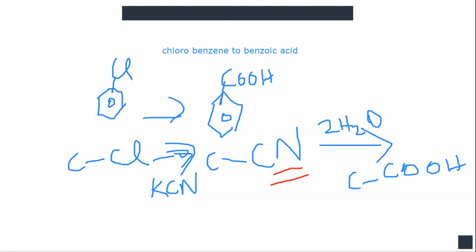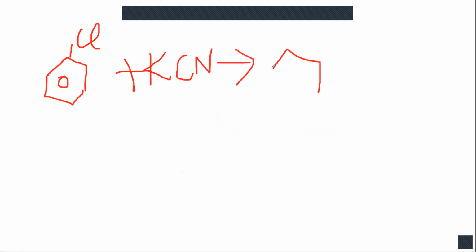Let us do it completely. First take chlorobenzene. Then add KCN. When you add KCN, Cl will be removed and CN will be substituted in its place. This is a nucleophilic substitution reaction.